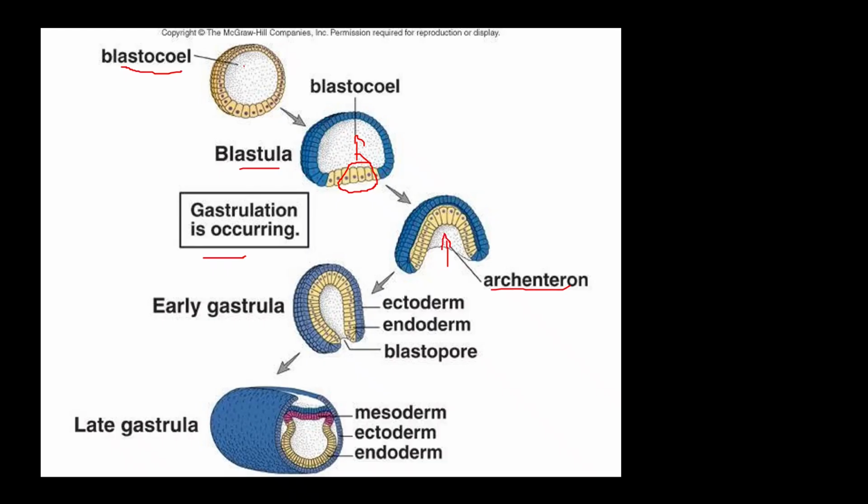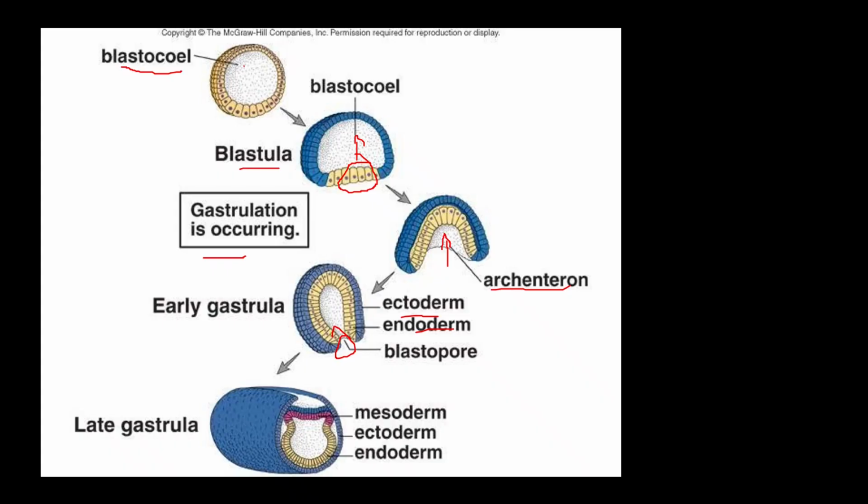You see that it moves, and depending on how far it moves, you will have an anus and a mouth, or you will have only one hole. If you watched the previous video, we talked about that. And so here you already have the blastopore, and you have two tissues, the ectoderm and the endoderm.